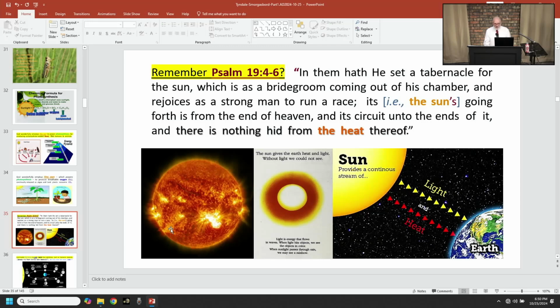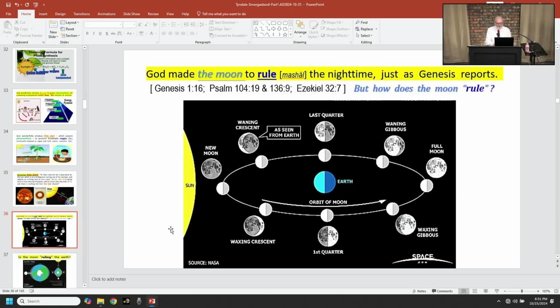You might move from one part of the planet to the other, like migrating. But yeah, you could hibernate too. But the sun is set up to have a circuit, and that results in patterns of heat so that some places get more heat than others based on what the circuit is that God has given to the sun.